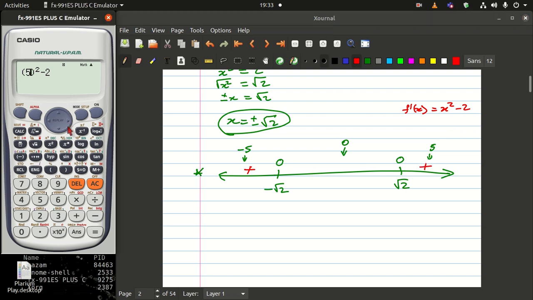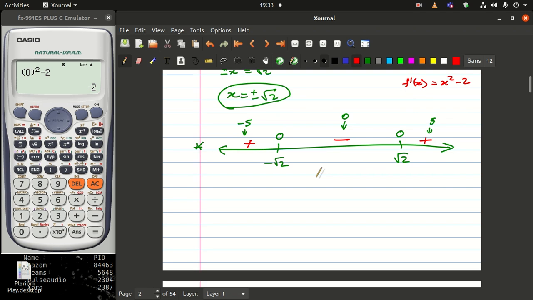And when I'm plugging in a 0, what am I actually getting? I am getting a negative, or a negative 2. So now I have this nice thing here, which is saying that this is the next step to find where the function is increasing.